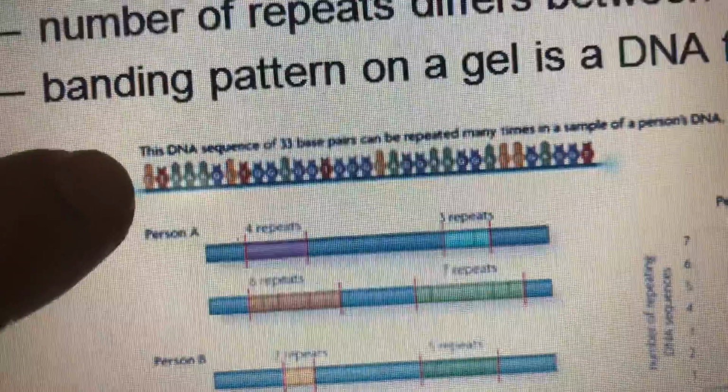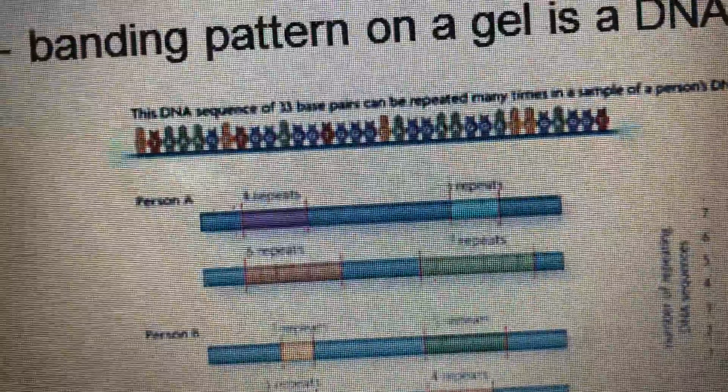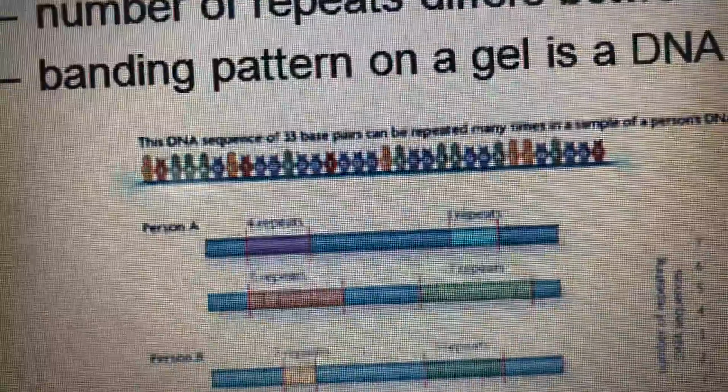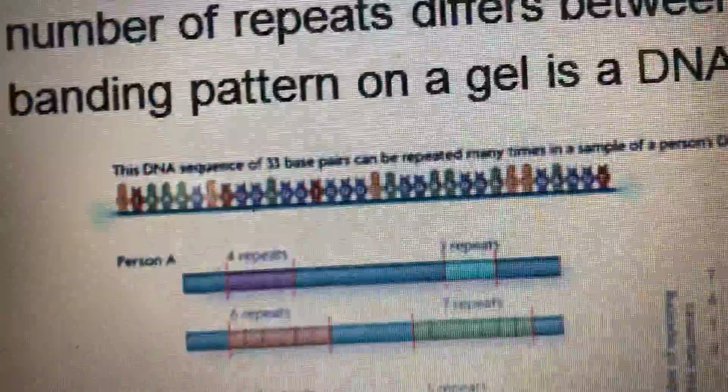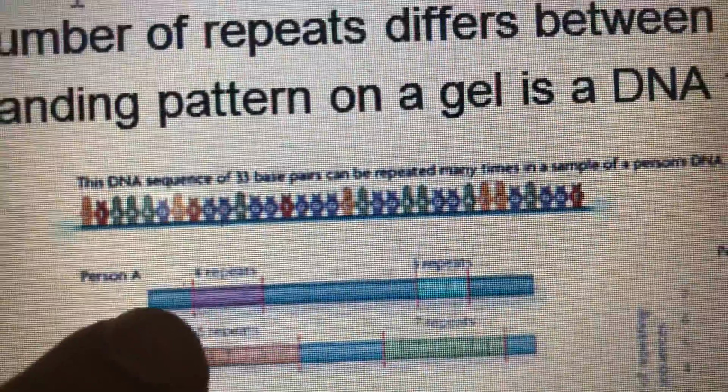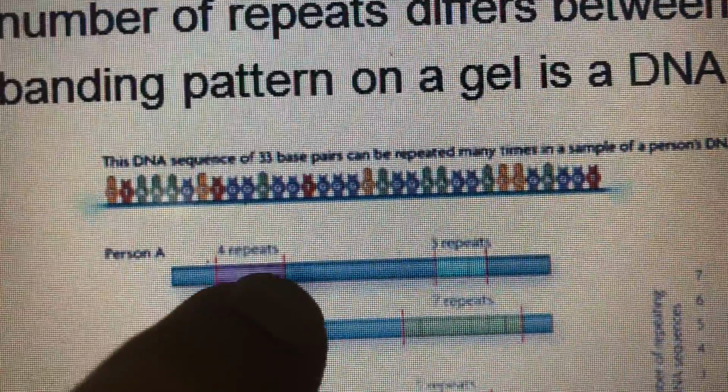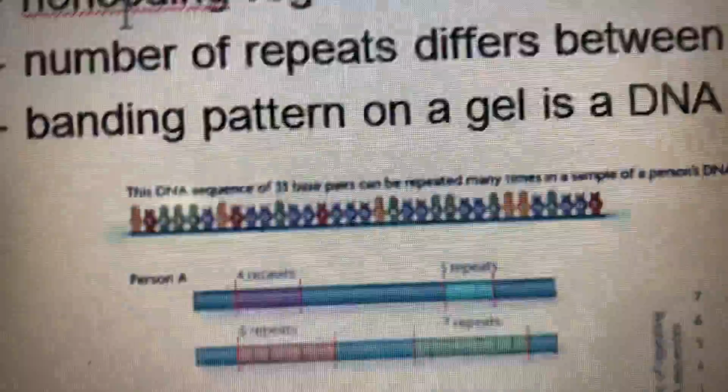This sequence can be repeated in your sample, maybe in a different way from your brother. As you see here, person 1 or person A, for this nucleotide, they have 4 repeats. For this DNA sequence, they have 4 repeats, 3 repeats.